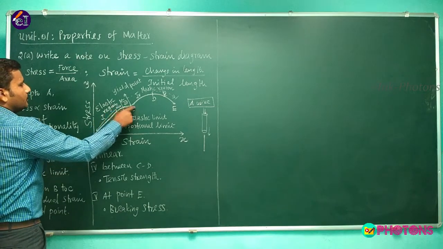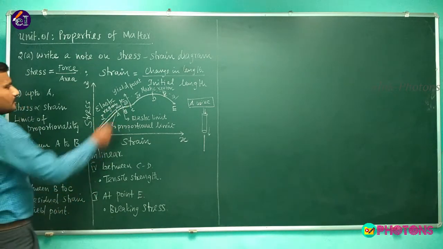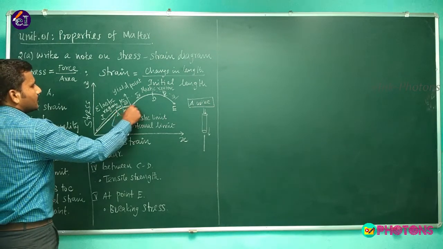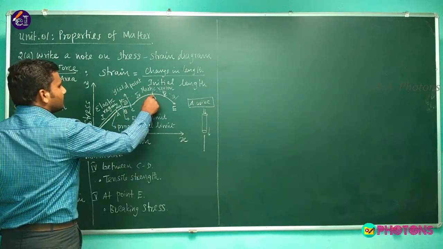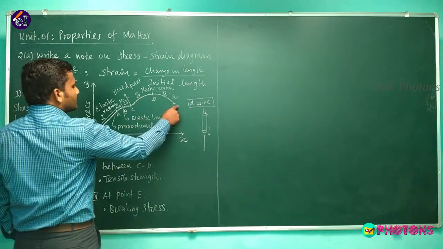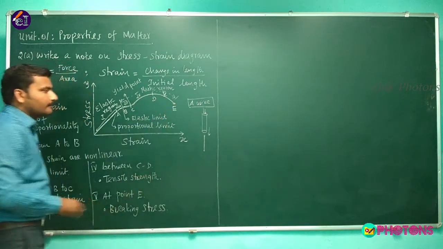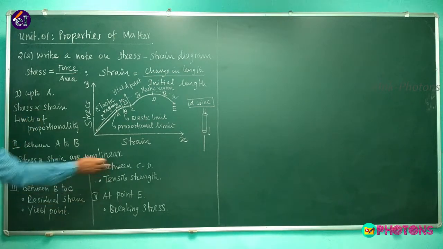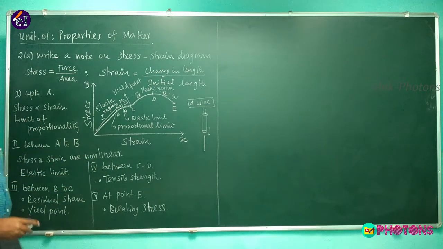From point B to C, there exists a residual strain, and where this plastic region starts and it attains its maximum at point D, which is called tensile strength, and eventually this wire breaks down at point E. So these are the major components of this stress and strain diagram, and these points that we have given here should be present in your answer script.